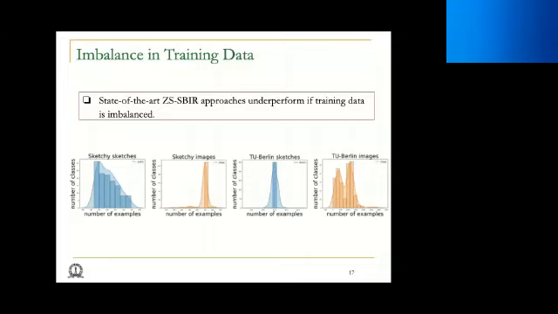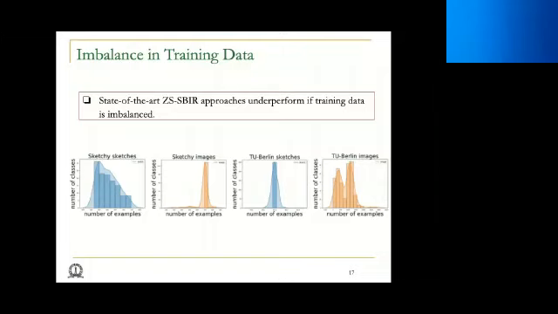So in classification, there are lots of very good methods which are already published. But we then went and looked at the training data of these ZS-SBIR or SBIR data sets. And we saw that even here, the data sets are very, very skewed, right? They are highly imbalanced. But in this case, there are different kinds of imbalance which are possible. One is the domain imbalance. For example, it is possible that you have lots and lots of images, but you have a very small number of sketches, right?